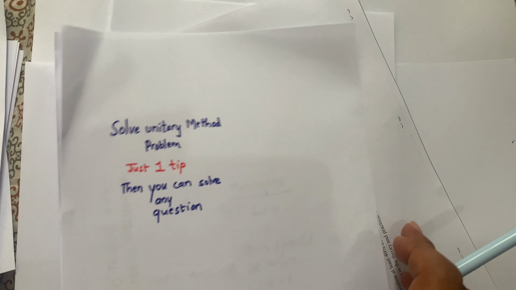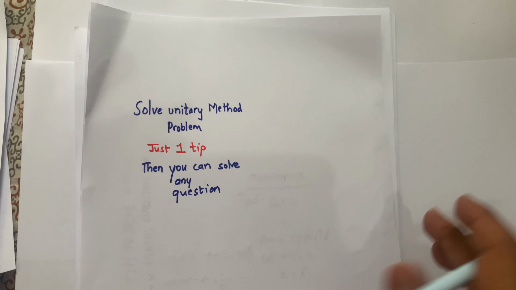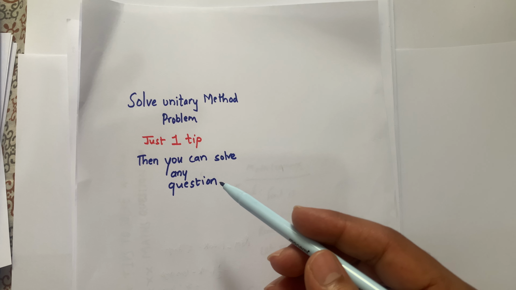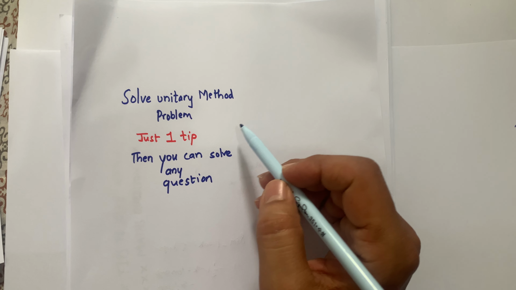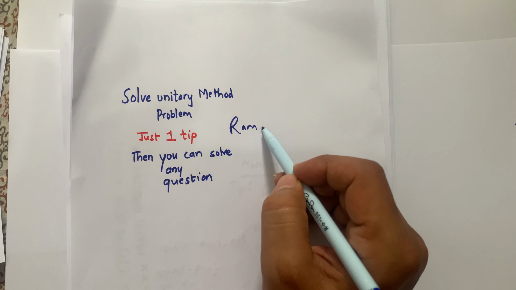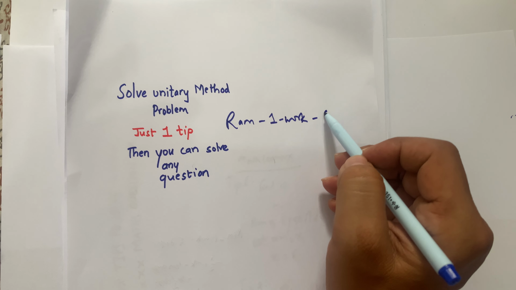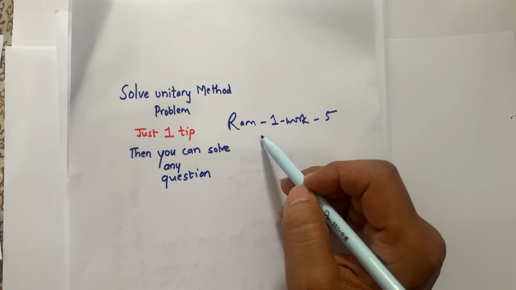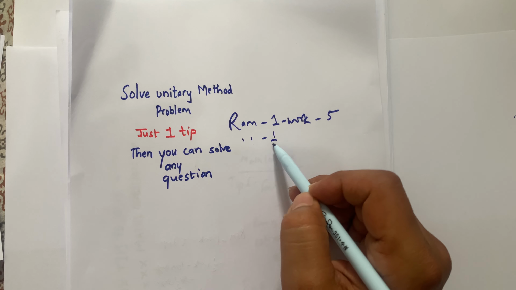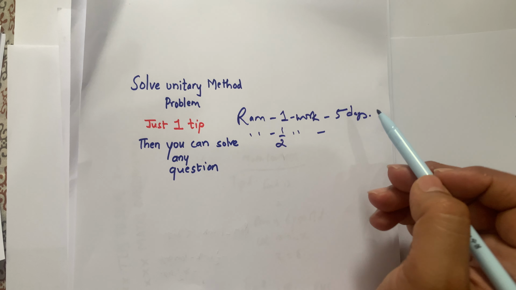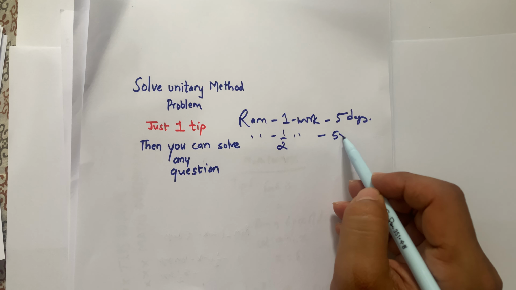Then this question: solve unitary method problems with just one tip. Here, if Ram can do one work in 5 days, and if Ram has to do 1 by 2 of the work, then he needs fewer days. Fewer days means dividing.